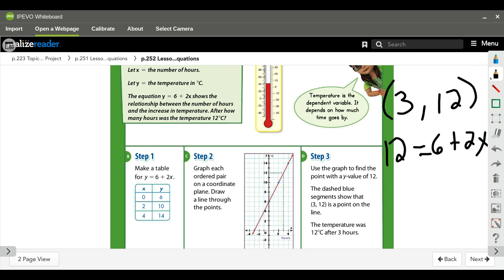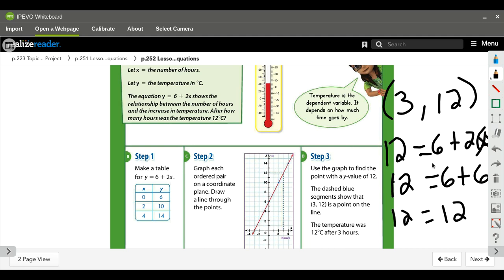All right, so this side's going to stay the same. Nothing's going to change because 12 is 12. That's my total. And then this is going to be 6 plus 6 because I did 2 times 3. This really should have been a 3 up here. And then I have 12 equals 12. So that point is on the line for y equals 6 plus 2x.